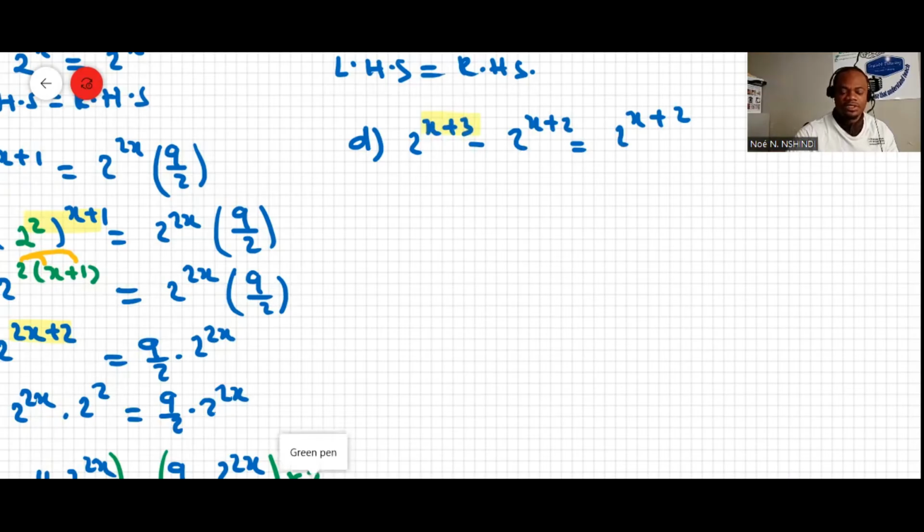So we can write it as 2 to the x plus 2 plus 1. I wanted to have this be the same as that and that also. We can write it like that because 2 plus 1 makes 3.